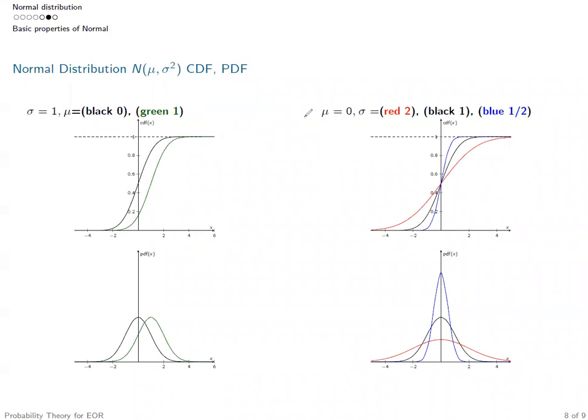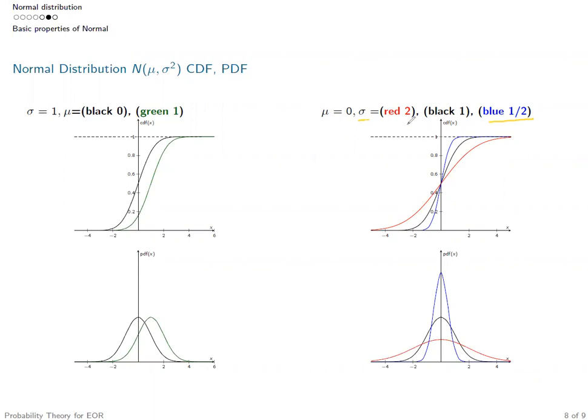Right here, we fix mu to be equal to 0, and the red curve is sigma equal to 2. The black curve is the standard normal distribution CDF and PDF. And the blue curve is with a smaller value of sigma.